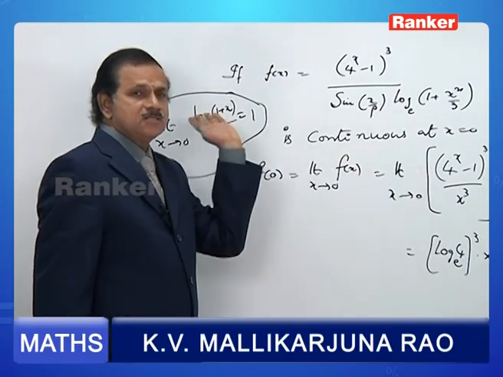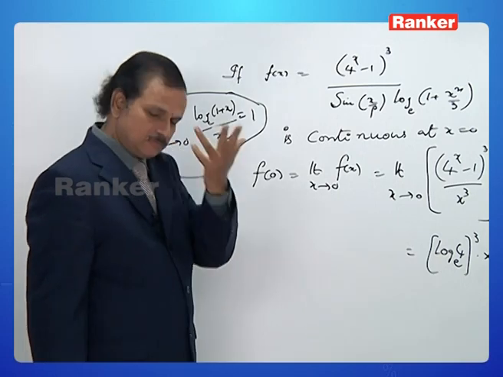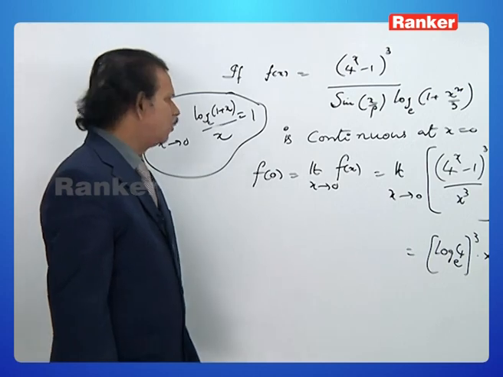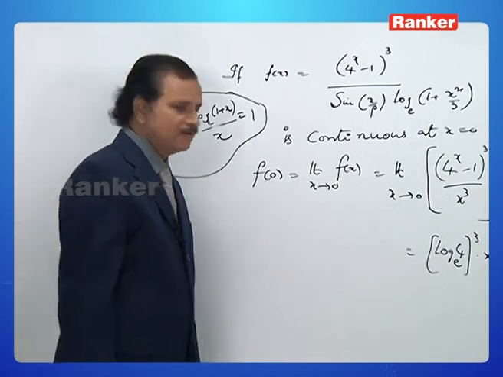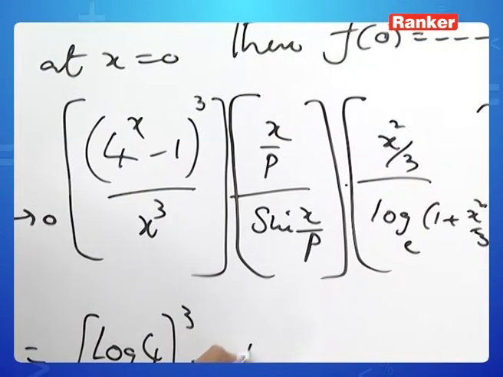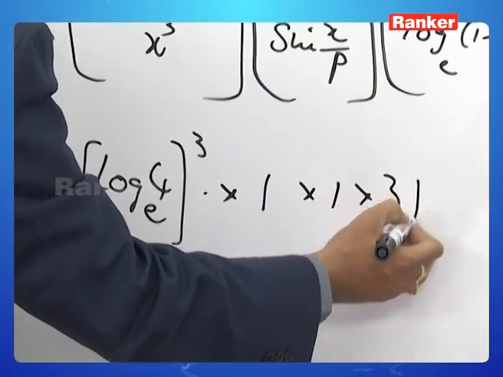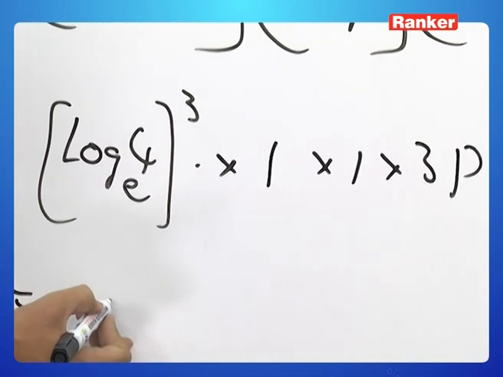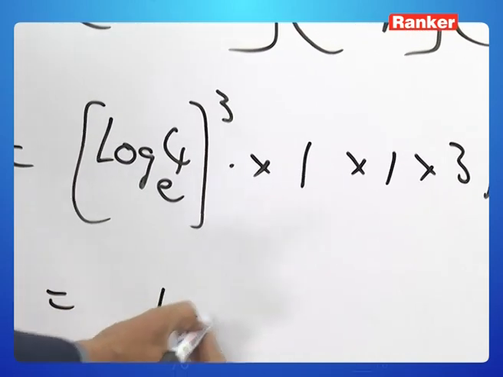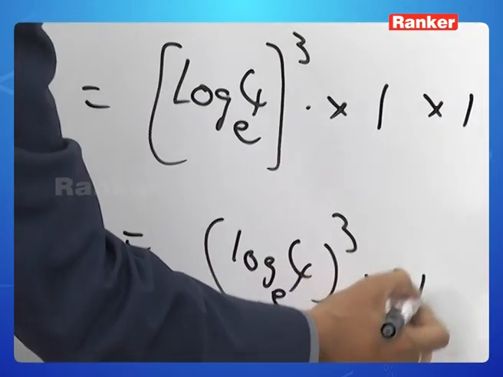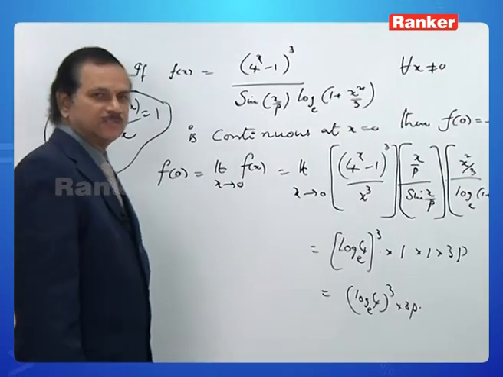Does it look in this shape or not? It is surely. Of course, it is x by log 1 plus x. Whatever it might be, it is 1. Hence, this is 1. This is 1. 3p is there extra. So, altogether this is log 4 whole cube into 3p. This is the answer.